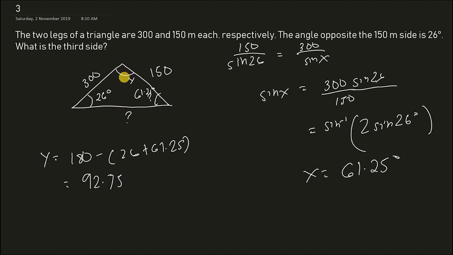92.75. Ibig sabihin, with that data, I can now solve for another value here using the law of sines again. So, para mas accurate yung sagot natin, I would use the ratio of the givens, which is equal to 150 over sine 26.